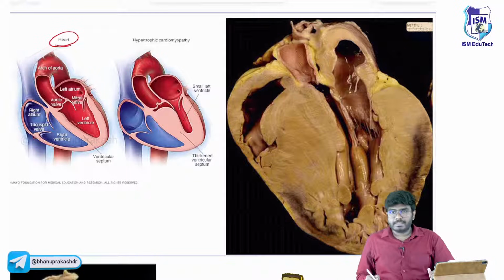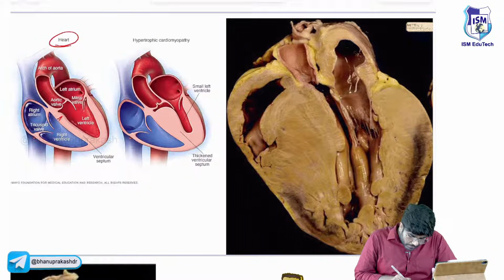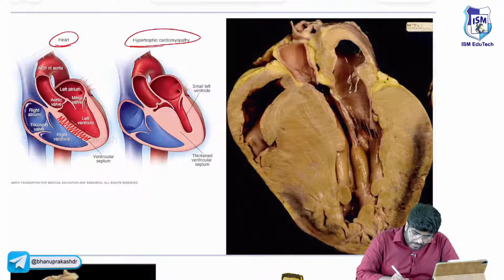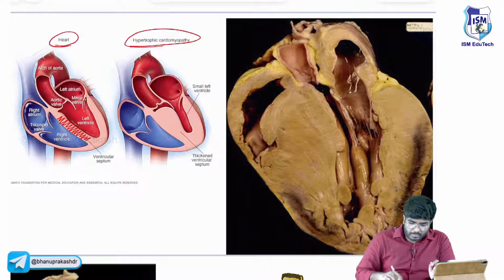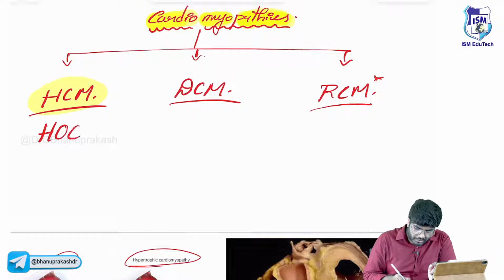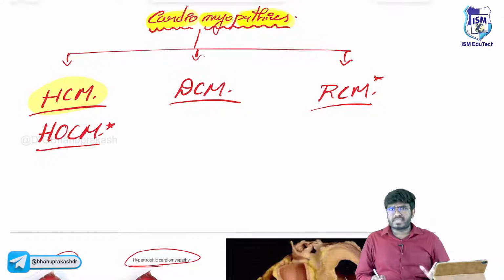Appreciate the interventricular septum, it is thin and nice. But in hypertrophic cardiomyopathy, also called hypertrophic obstructive cardiomyopathy, HOCM, both names are the same.